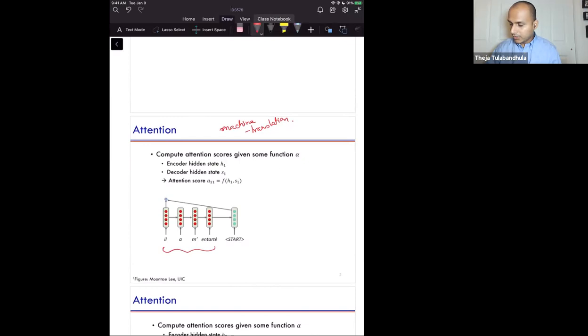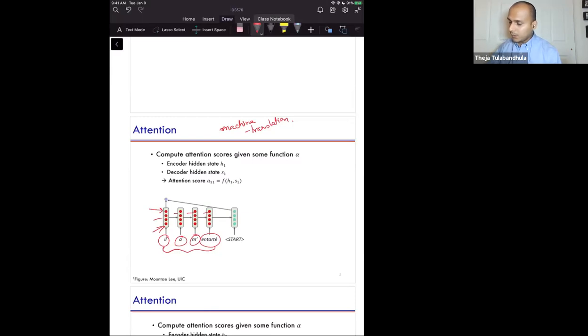These 4 dots represent the hidden vectors that I produced when I pass each of these words. These squares represent the RNN blocks.